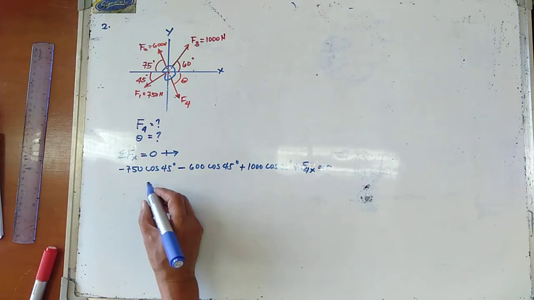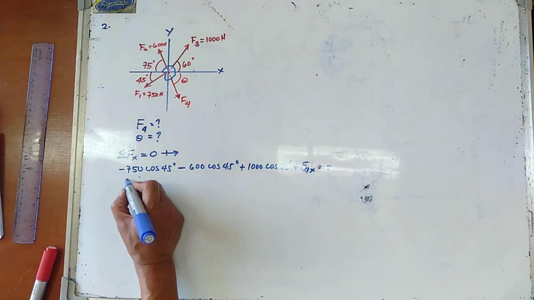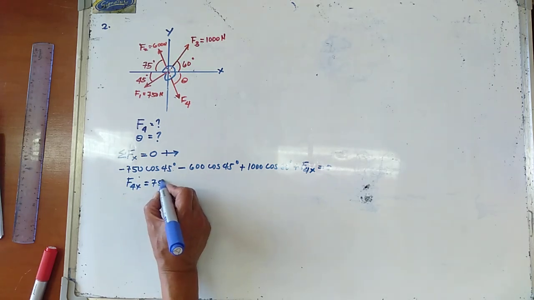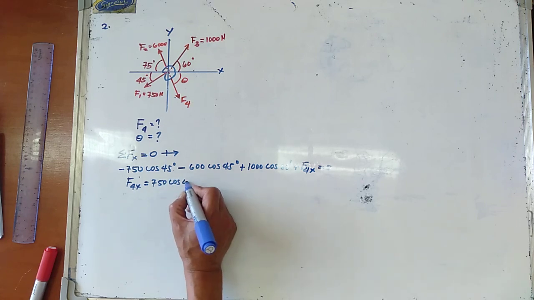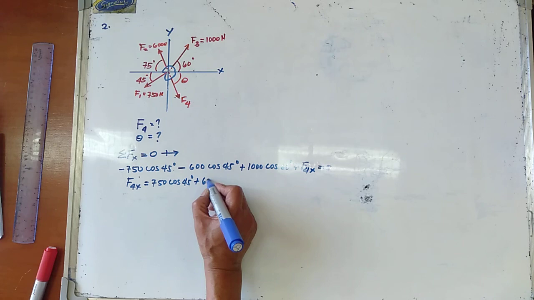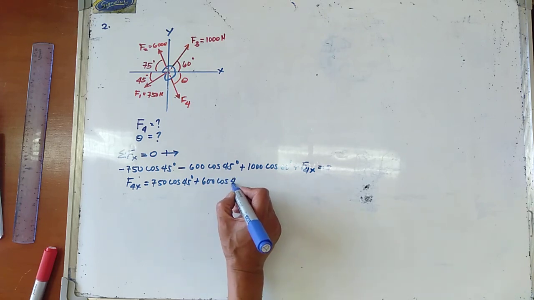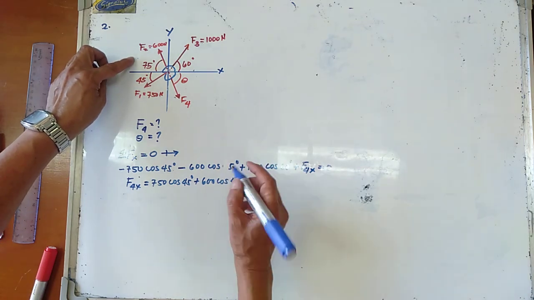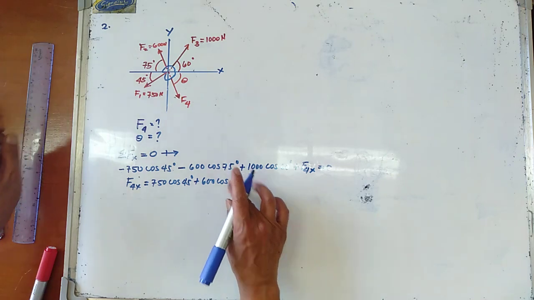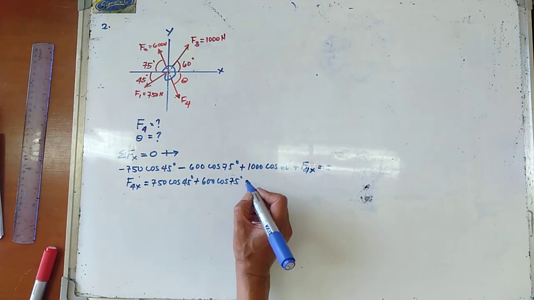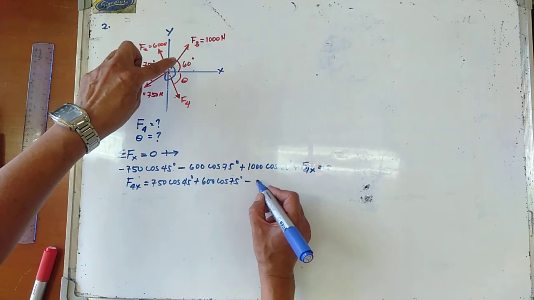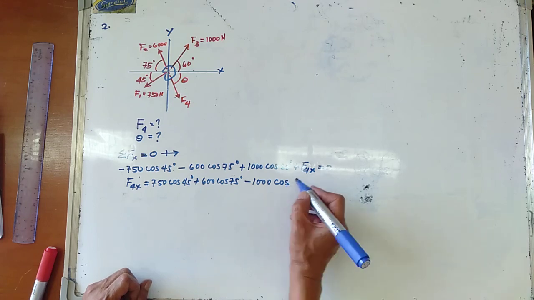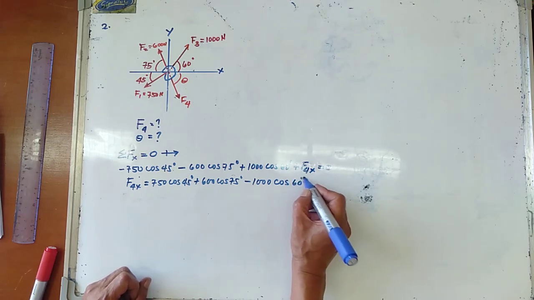Hence, the value of F4x is equal to 750 cosine of 45 degrees plus 600 cosine of 75 degrees, minus 1,000 cosine of 60 degrees.